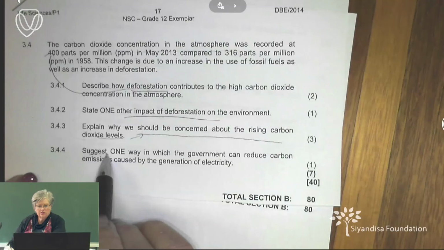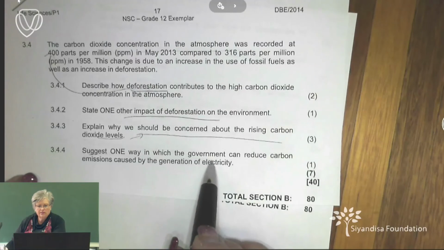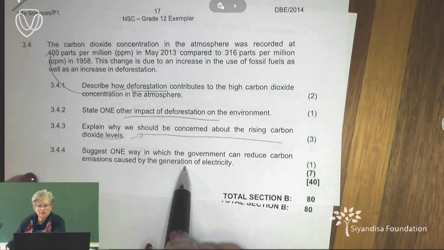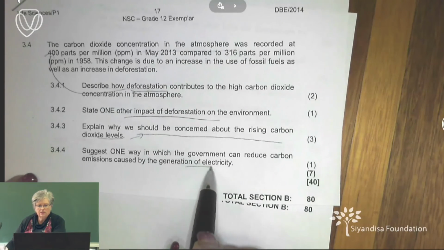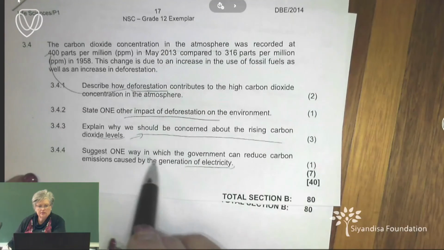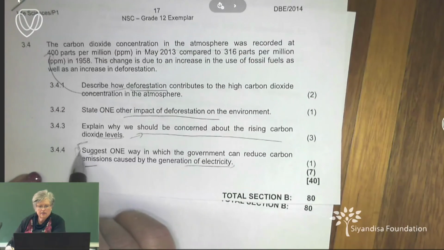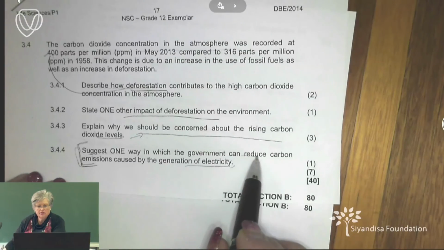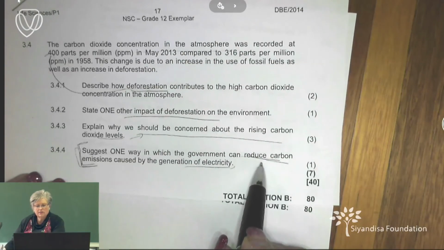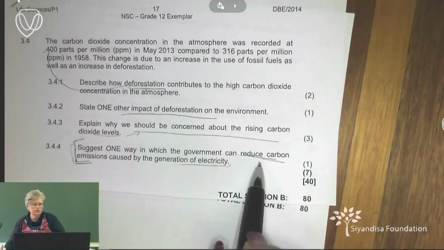And 3.4 says suggest one way in which the government can reduce carbon dioxide emissions caused by the generation of electricity. Okay? So here we can see how we can reduce it by using alternative ways, not fossil fuels.